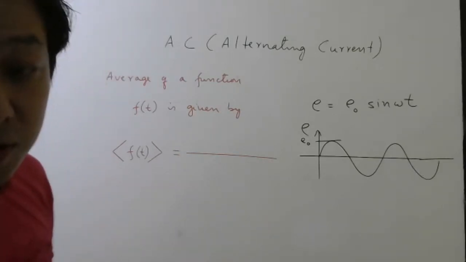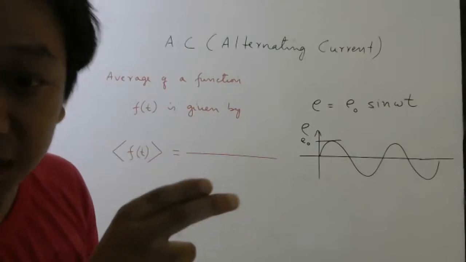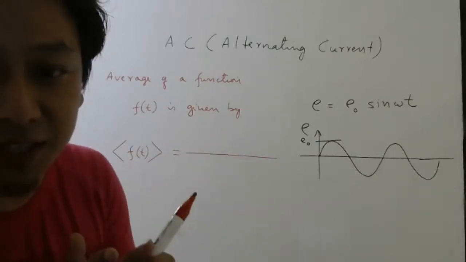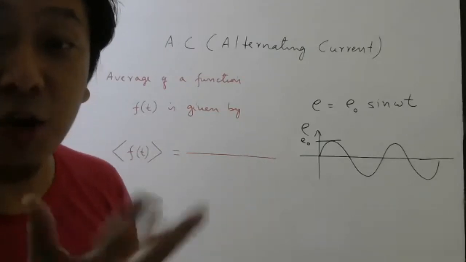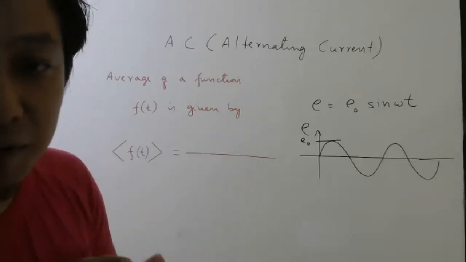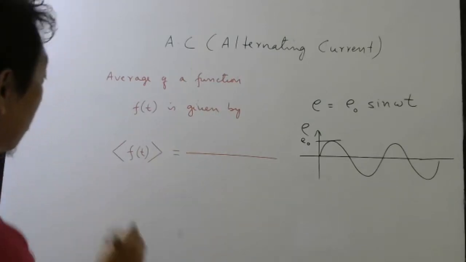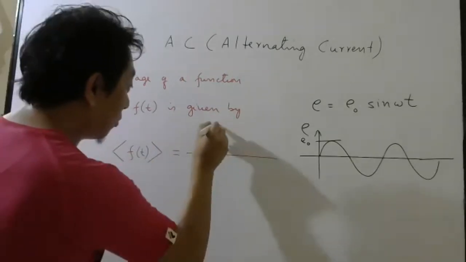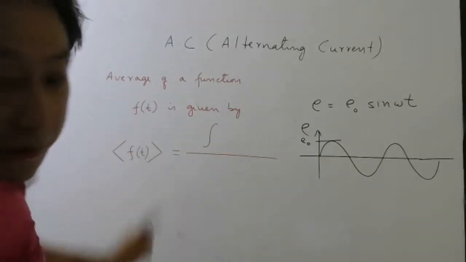So what should I do? I should add the function for some range of time, just like I should find the average for some number of students. I cannot find the average for an unknown number of students, right? So I have to find the average marks of some known number of students. So how to find the average? You have to add. Add means here integrate, because this is a function.